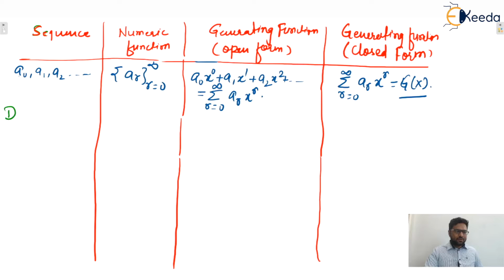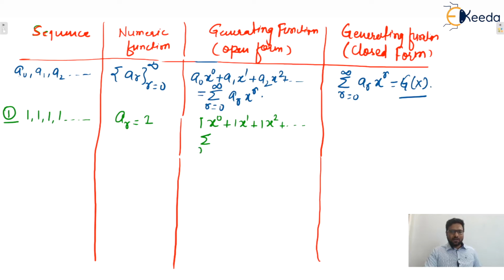Let us consider the first one. Let's say the sequence 1, 1, 1, 1 and so on up to infinity is given to you. Then a_r is 1 always. So what will be the open form? The open form will be 1 into x raised to power 0 plus 1 into x power 1, then 1 into x square, up to infinity.